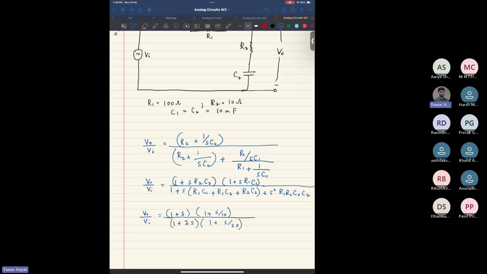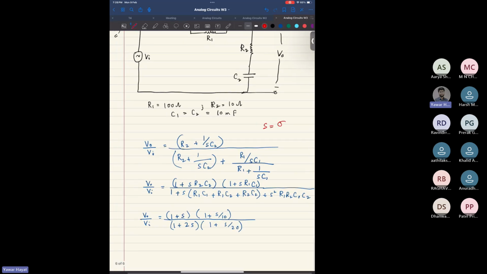Where this S would have a real part sigma and imaginary part omega, okay, and this sigma usually denotes your attenuation and damping in terms of significance, and this imaginary part omega usually represents the oscillation frequency. Because those are the two things that you would be interested in a frequency response, right?